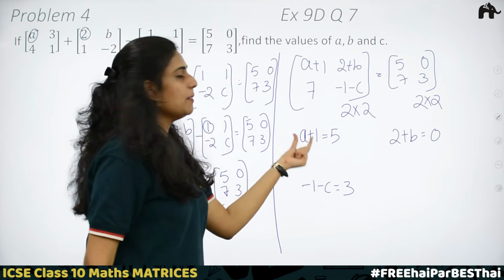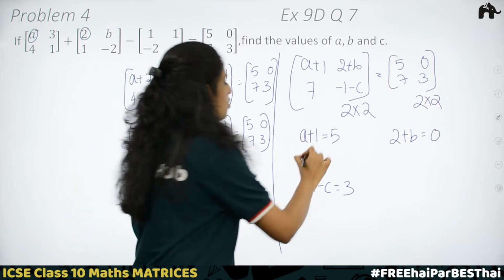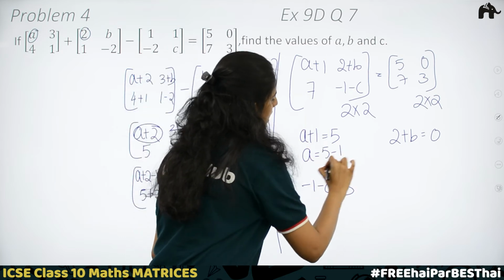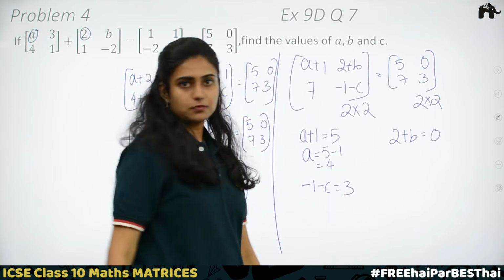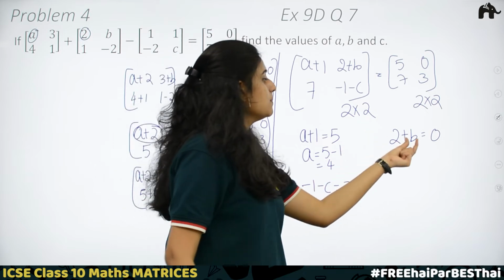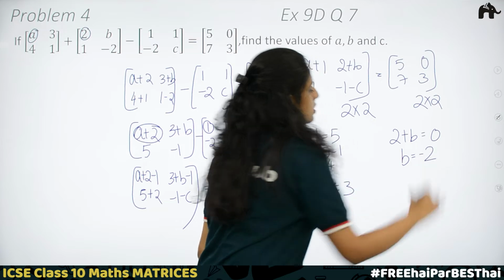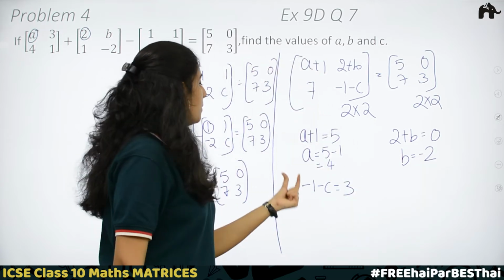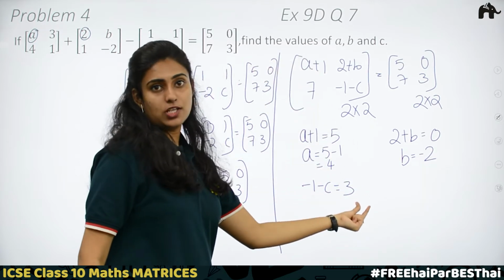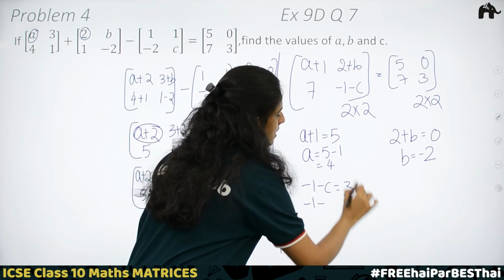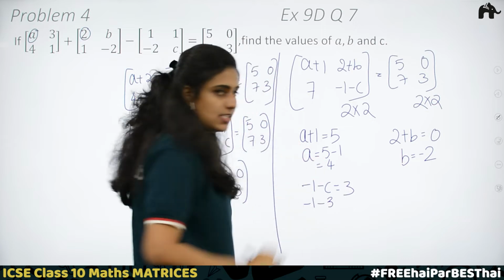Okay, if A plus 1 is equal to 5, then what is A? A will be equal to 5 minus 1, that is 4. If 2 plus B is equal to 0, then B will be equal to minus 2. Minus 1 minus C is equal to 3. We can write minus 1, taking this 3 to the opposite side, it becomes minus 3.